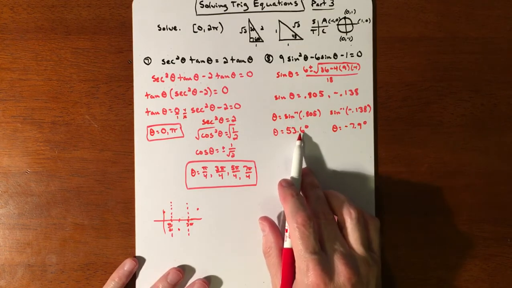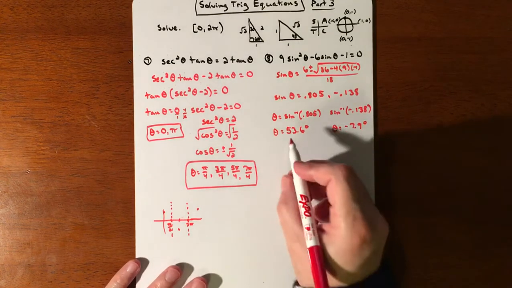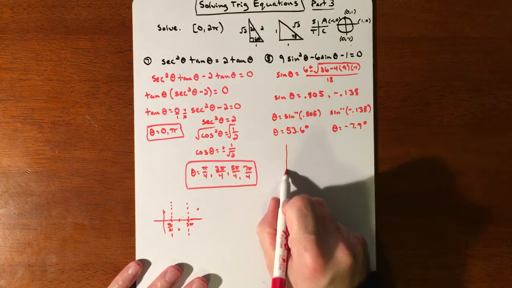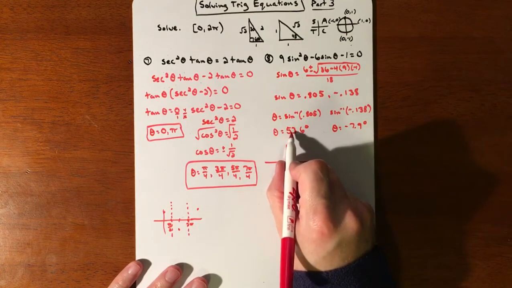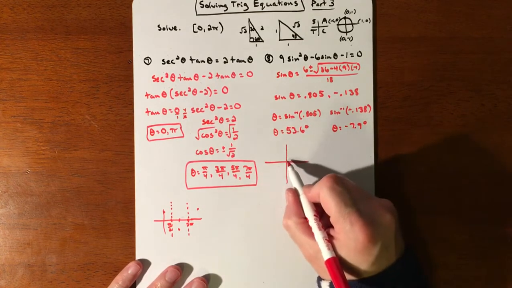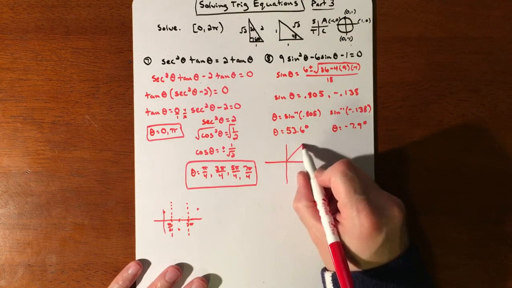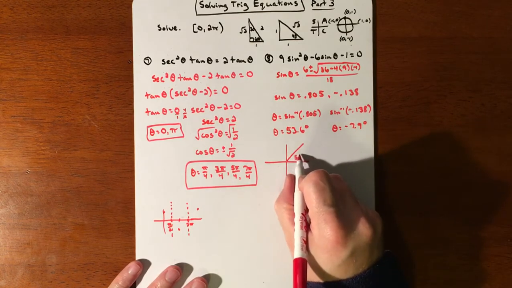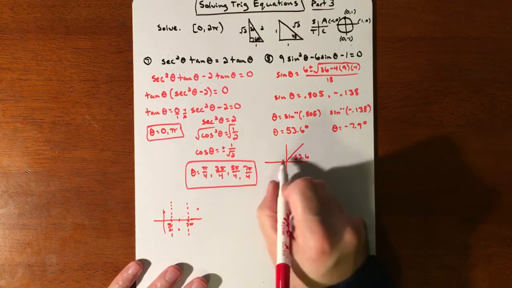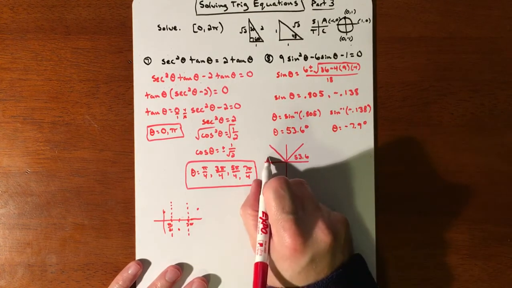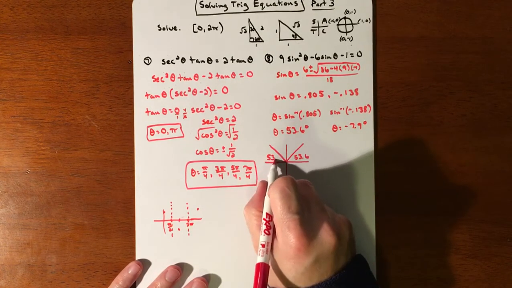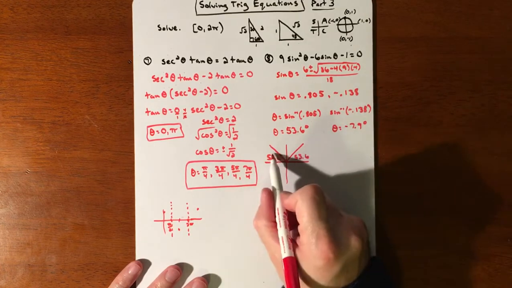So this 53.6 degrees, there's actually going to be 2. That's your reference angle. So you're looking at this quadrant of 53.6, and you're looking at this quadrant of 53.6, because sine's positive in these two.